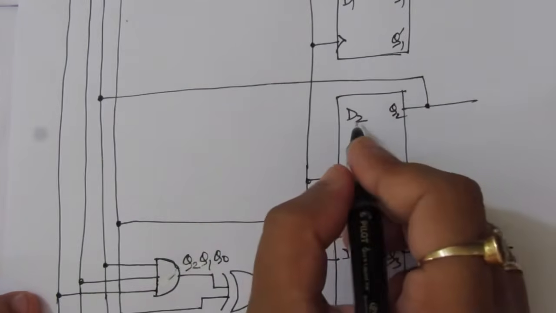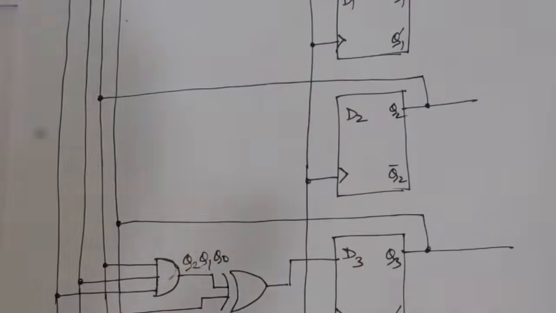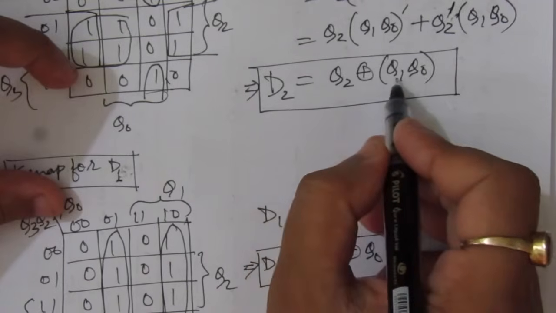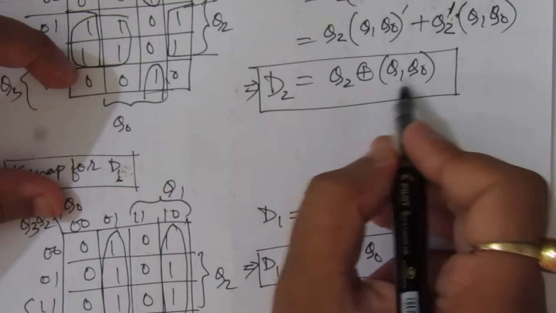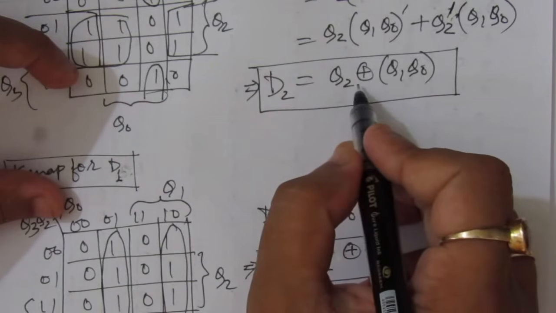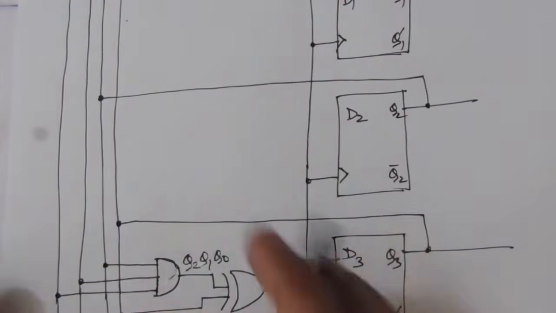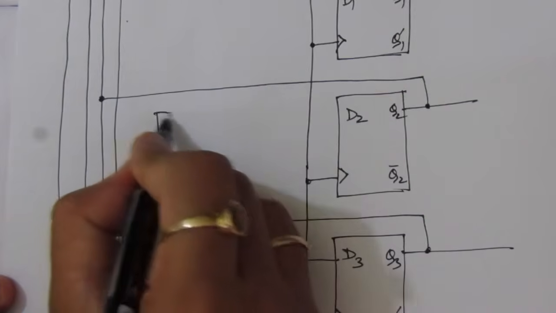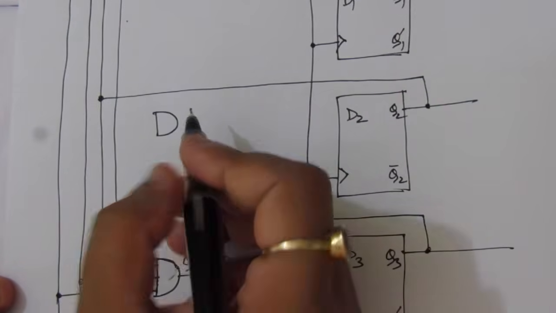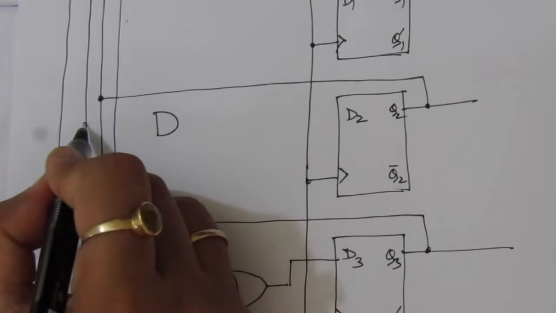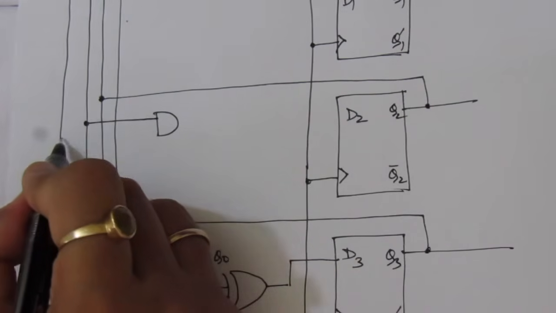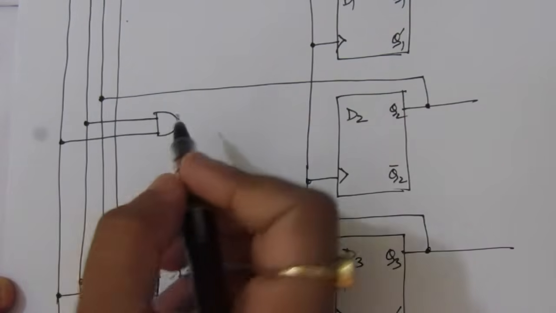Now let us find D2. The D2 expression is this one, Q1, Q0. First of all, we have to find this AND operation and then XOR with Q2. So use a 2-input AND gate here. Here we'll have Q1, Q0, so take a line from Q1 and a line from Q0.